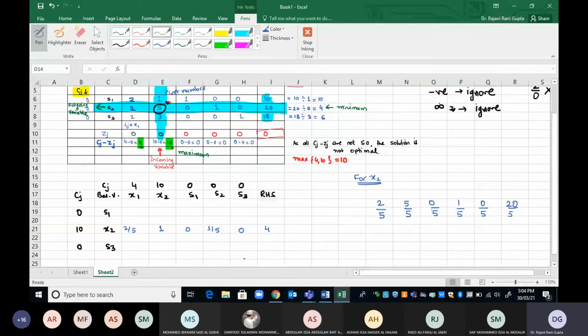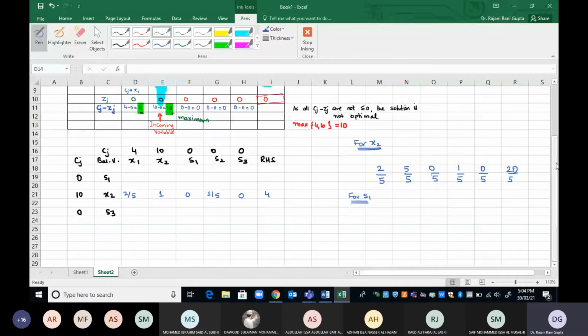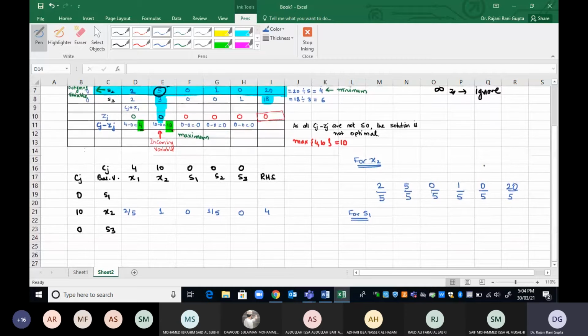Okay. Now we have to write terms for S1 and S3. So we can select any one first. That doesn't matter. So let's say we start with S1. So to calculate these numbers, we have to follow a rule. What does that rule say? This is called new row.